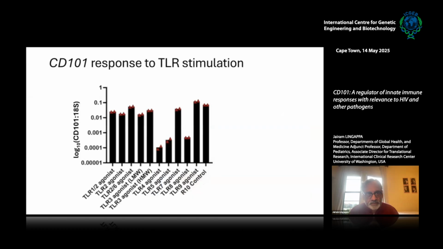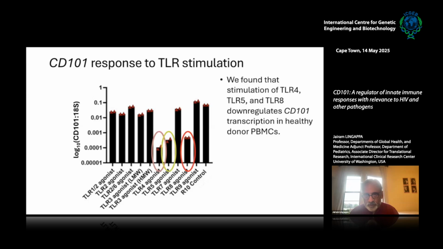Dr. Hladek's team looked at what the effect on CD101 RNA expression was when you stimulated with different TLR agonists, and found that with stimulation of TLR 4, 5, and 8, there was a downregulation of CD101 transcription in healthy donor PBMCs.